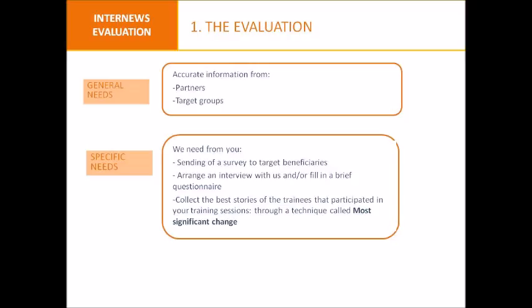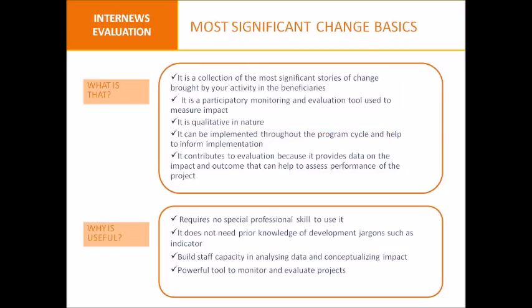So the next slide is asking us what is most significant change. Most significant change is just a collection of the most significant stories of the activities we have done. It is a participatory monitoring and evaluation tool. It's known worldwide, so it's very useful to be acquainted with how to use this tool. It's qualitative in nature.